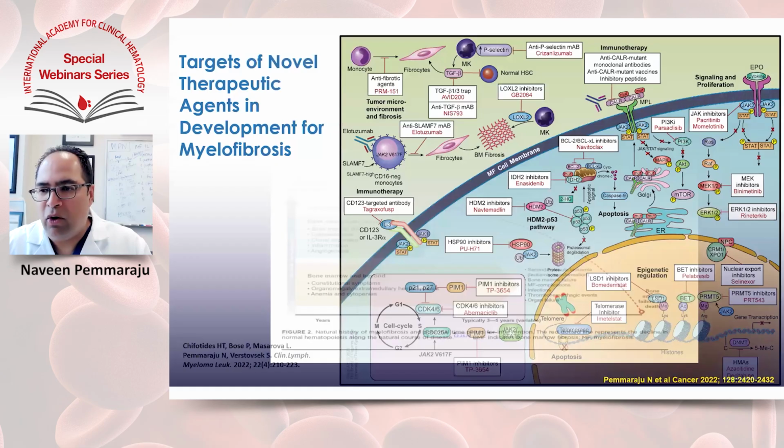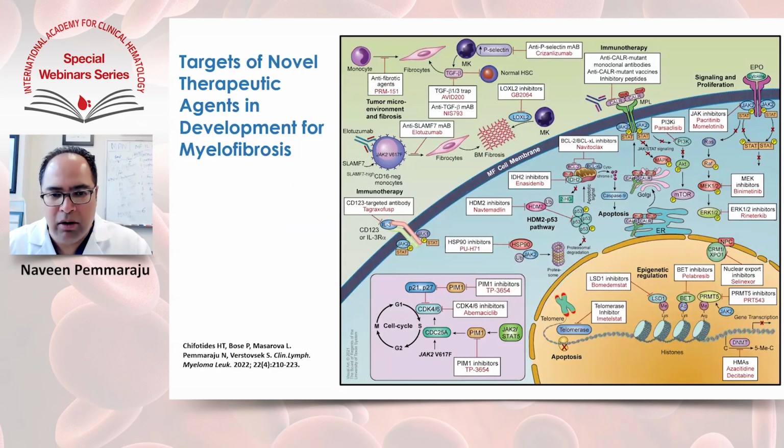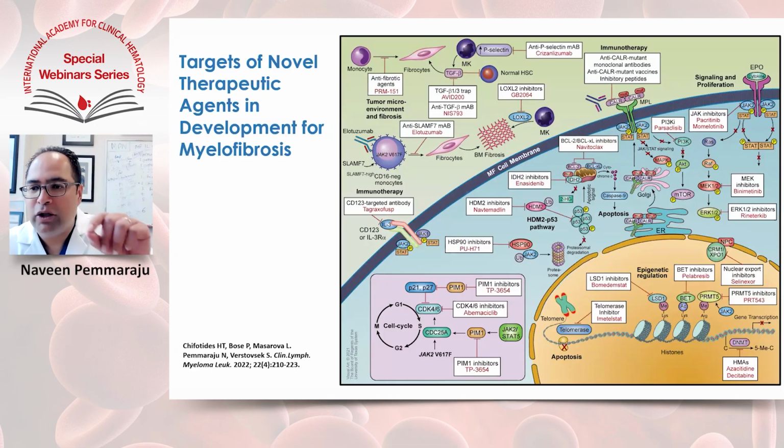Now, to do this, we have an armamentarium of novel agents, some of which I'm going to discuss here. We made this slide a few years ago thinking that this would encompass the next 10 years, and I'm proud to tell you this slide is already outdated, as we have therapies outside the cell, at the cell membrane, and then in the nucleus, usually borrowed from MDS and AML, now our own therapies. So let's get into it.